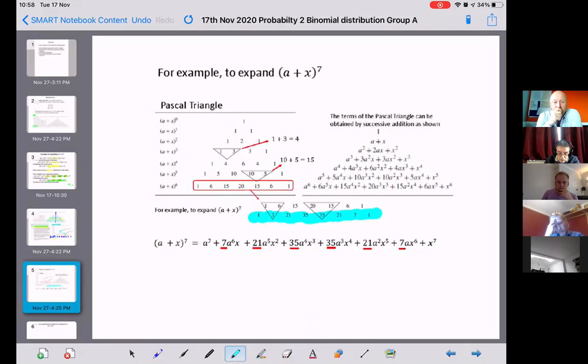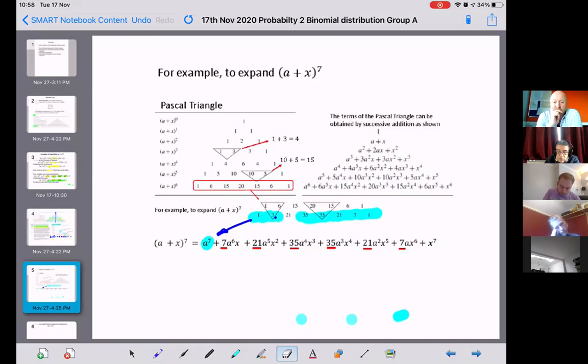We know it starts with a to the power of n. Then we bring down the 7, that comes from the 1. The second is 7. Take 1 off the index of a to make it a to the 6 and x to the 1.